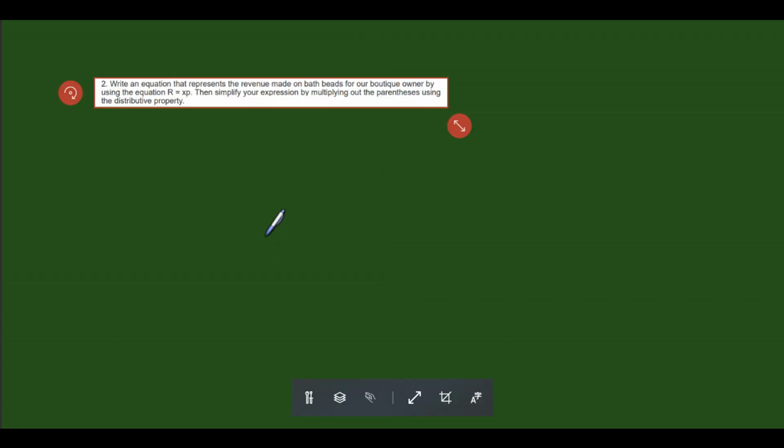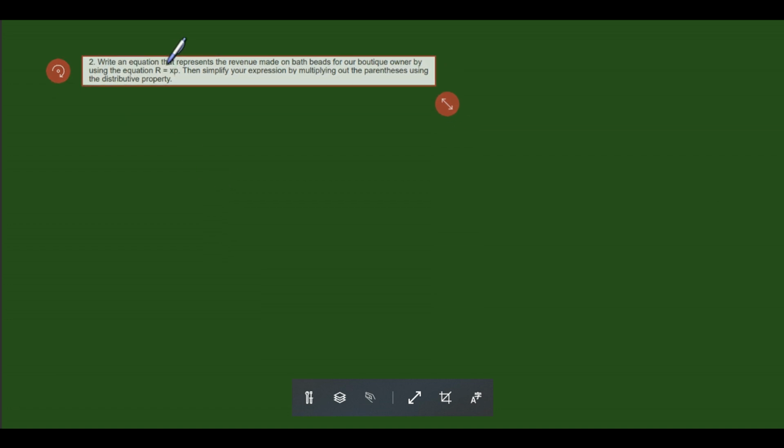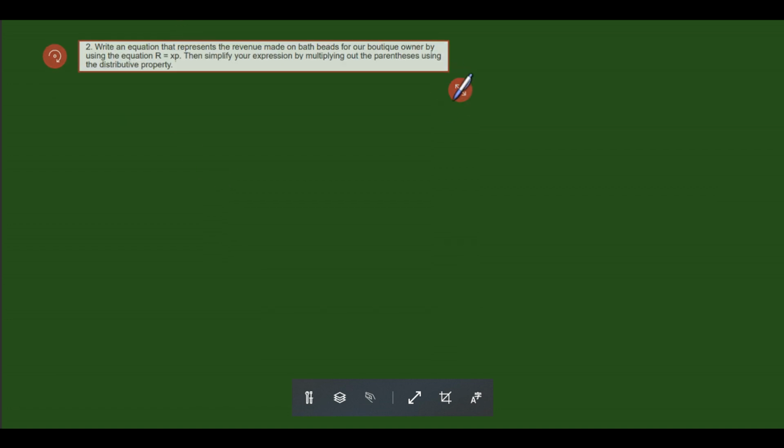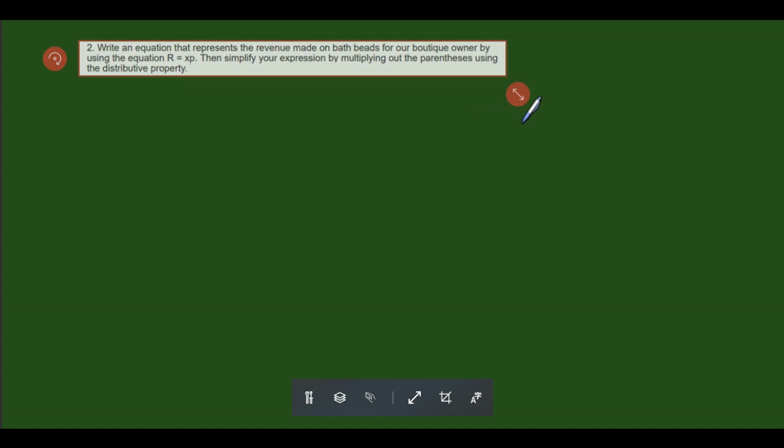Okay. So question 2, what are they asking you? They're asking you to write an equation that represents the revenue, by using R equal X times P. So that's easy because they already give it to us. R is the revenue equal to X times P. P is the price equation.